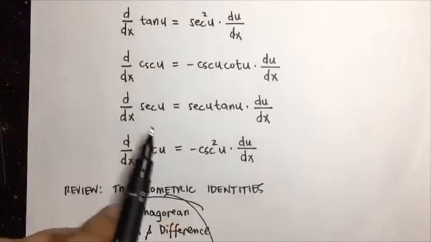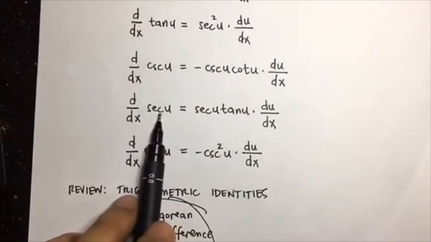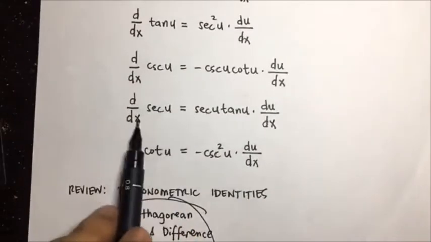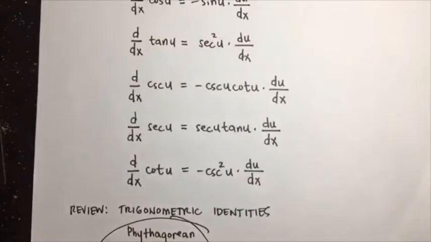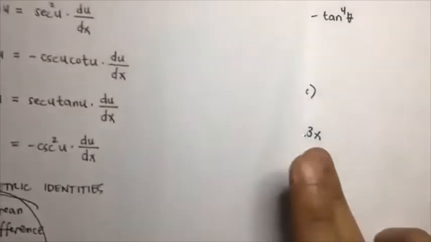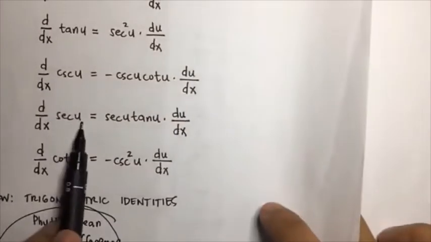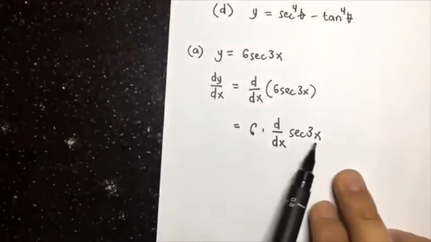Here we have the derivative of secant of u with respect to x is secant of u, tangent of u, times du over dx. In this problem, our u is 3x.